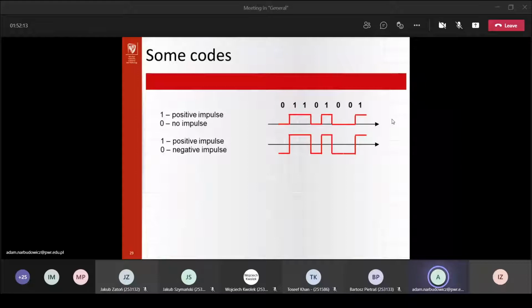Okay, so something like this would be actually much better. So we encode negative impulse and positive impulse as two signals of opposing polarization, right? And in that case, even when you have a long sequence of zeros, there is no ambiguity here.